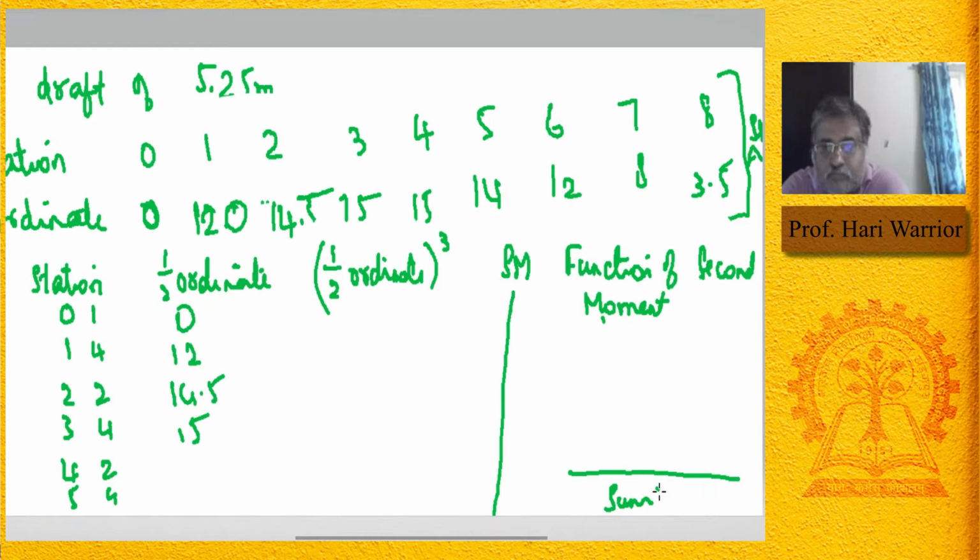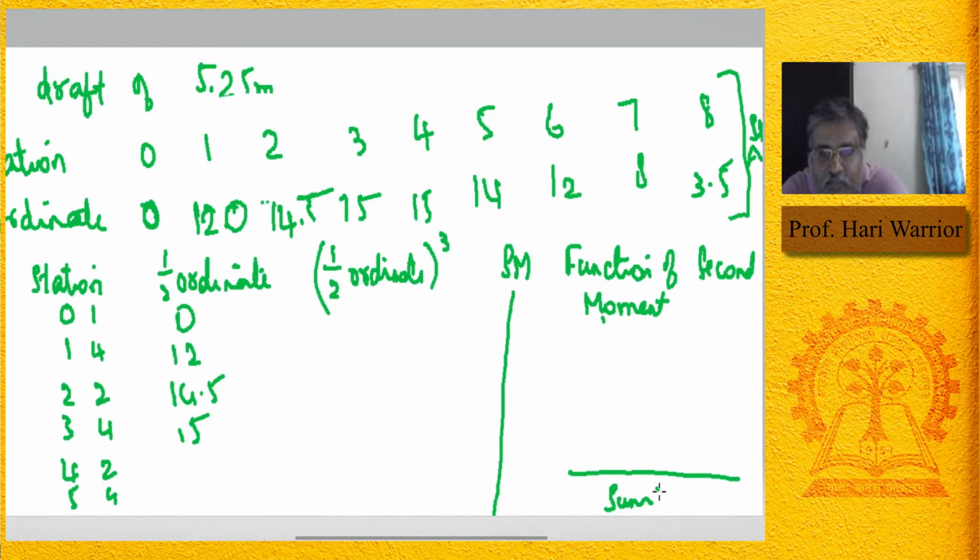Sir, 3686.75. So how are these answers always... That is just the summation of this function of the second moment. Yes, summation. Or did you multiply it with something? Without multiplying it with something, it's not that. 49,782, sorry.